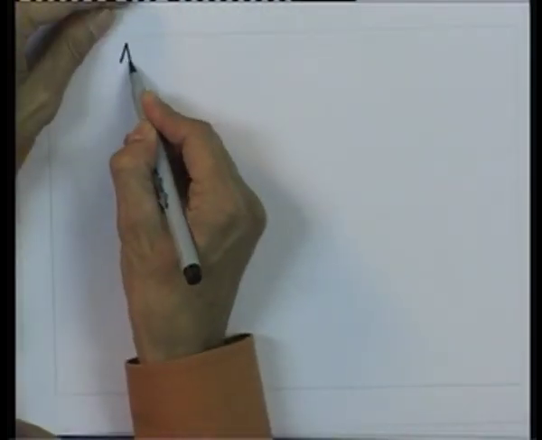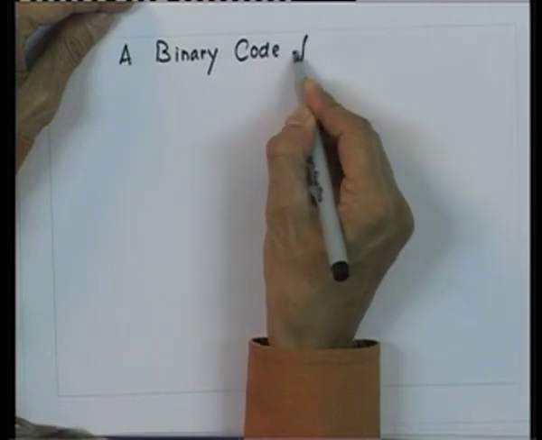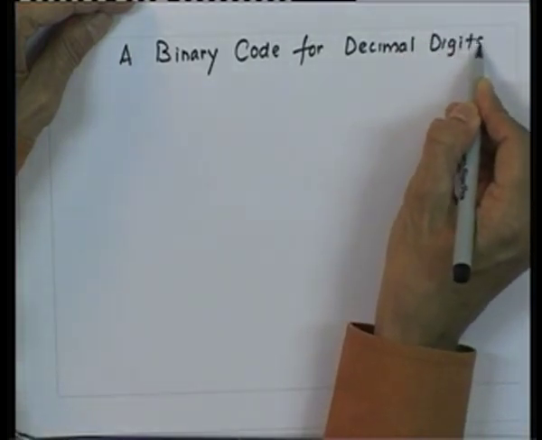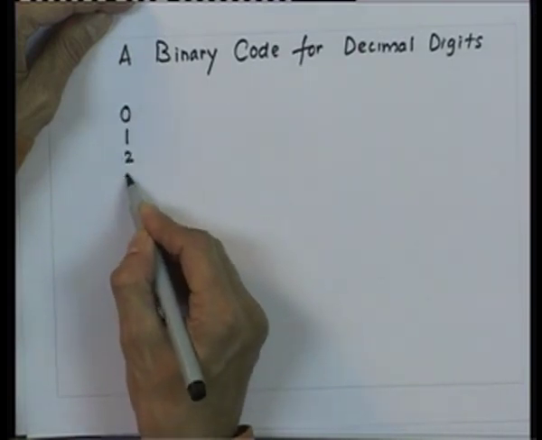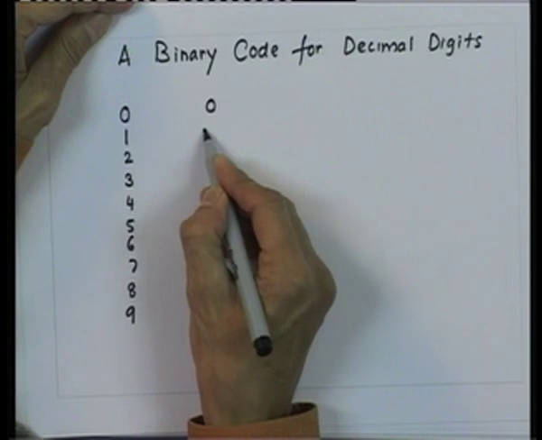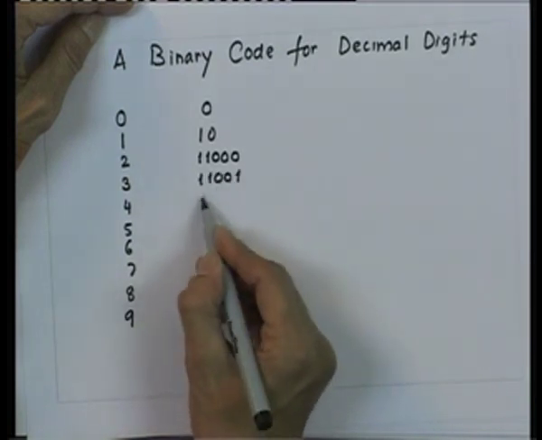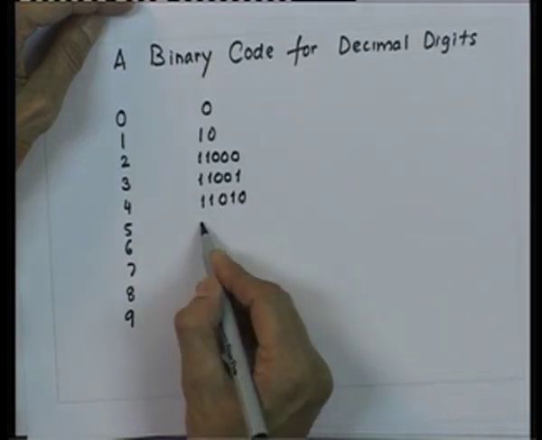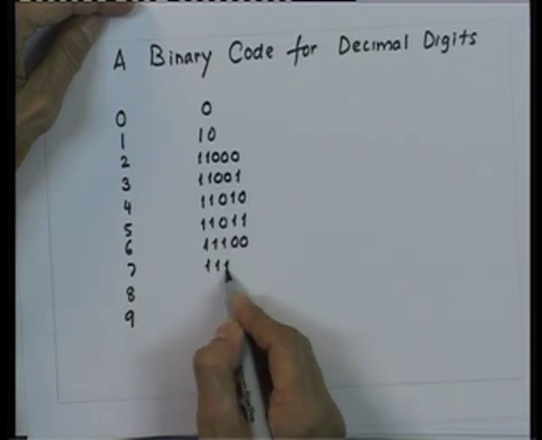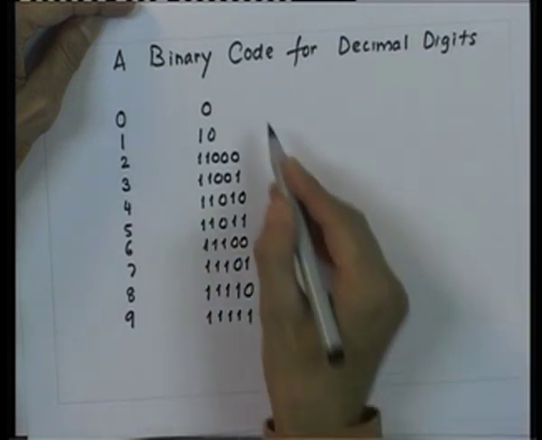So, a binary code for decimal digits would be as shown.